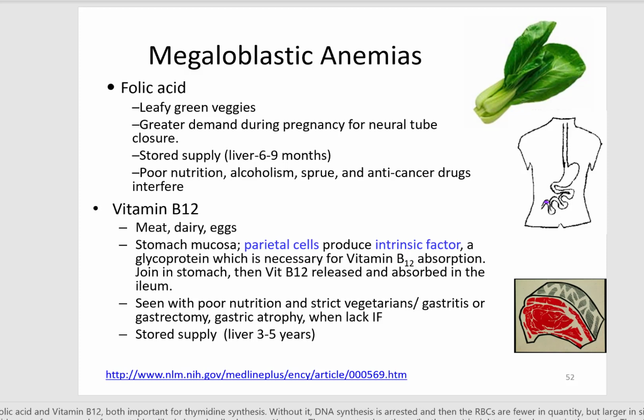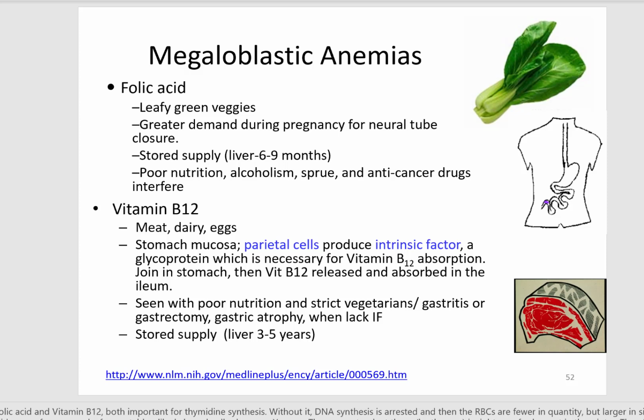Both of these coenzymes are stored in the liver. Folic acid is stored in the liver for about 6 to 9 months, meaning if you didn't eat any green veggies, your red blood cell synthesis should be okay for about 6 to 9 months. For vitamin B12, your liver can store a supply of that for about 3 to 5 years.